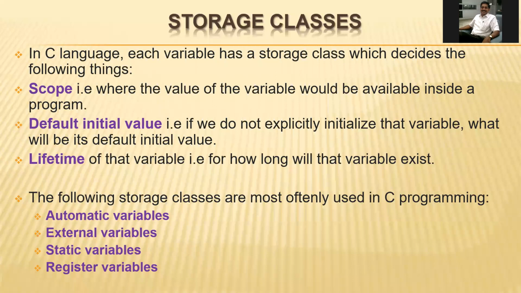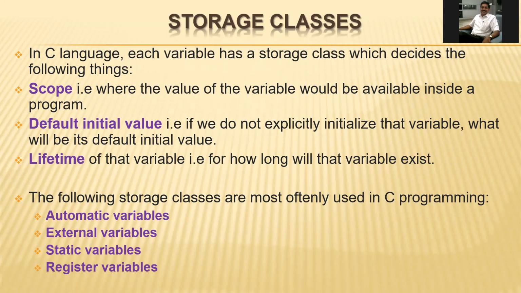Any variable has its scope, any variable has its initial value, and every variable has its lifetime, or you can say longevity. So scope, what is the scope? Where the value of the variable would be available inside a program.